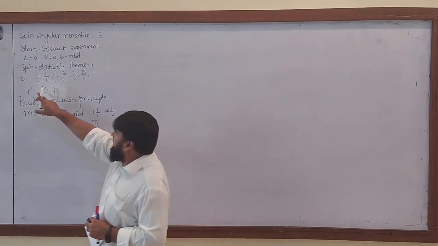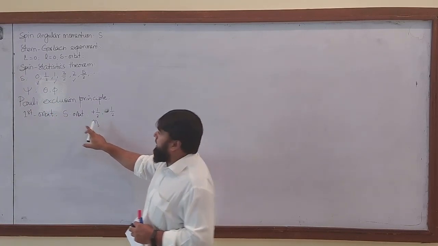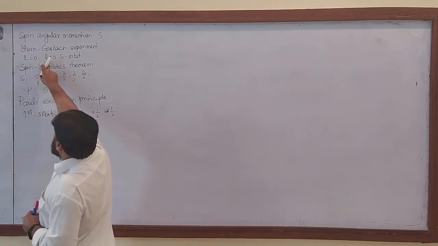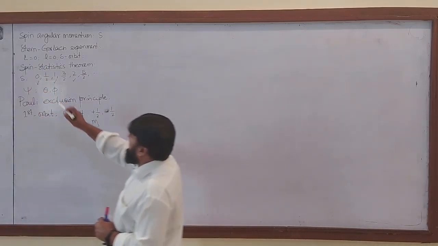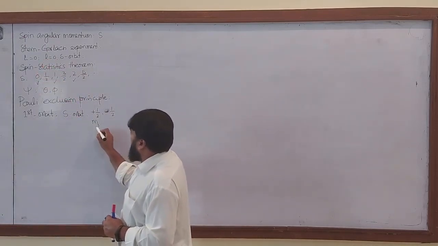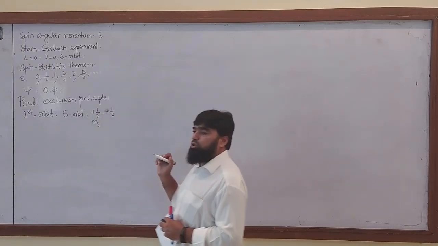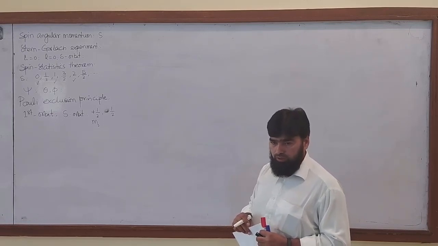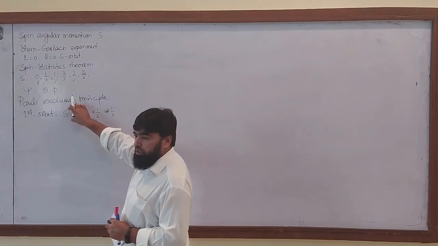S is spin, while MS is the spin quantum number, as L is the angular momentum, while small l is the quantum number, which we call ML as well. So MS here is plus half, minus half. Now the two electrons have different sets of quantum numbers and they can exist. This was the Pauli exclusion principle.